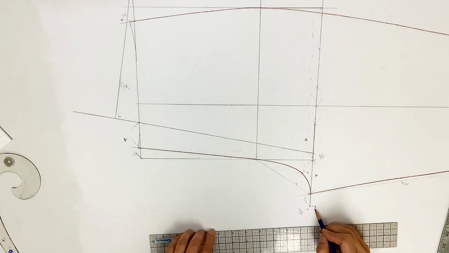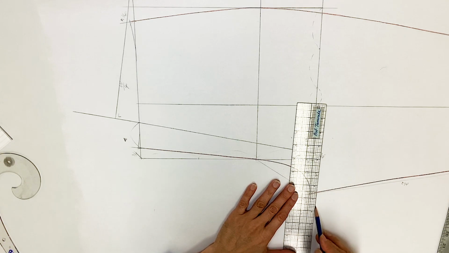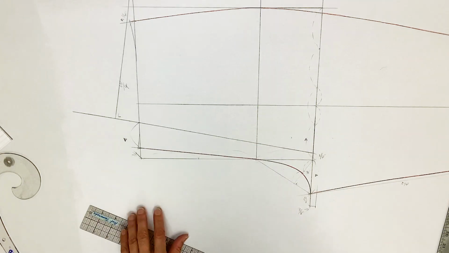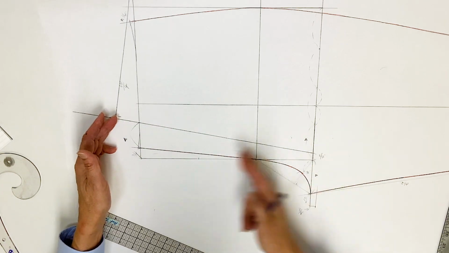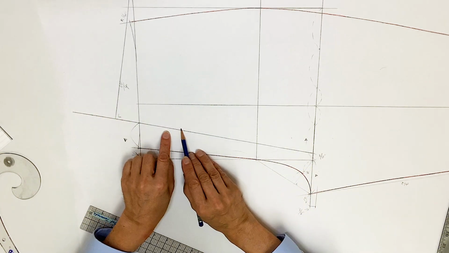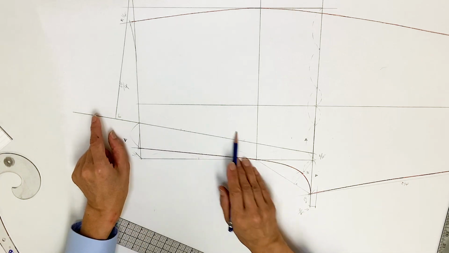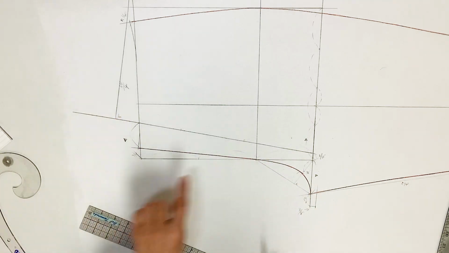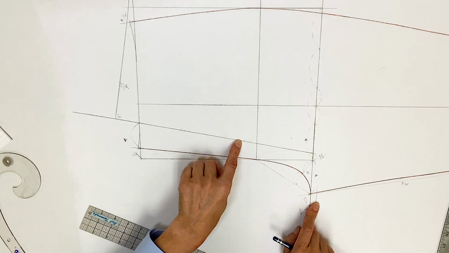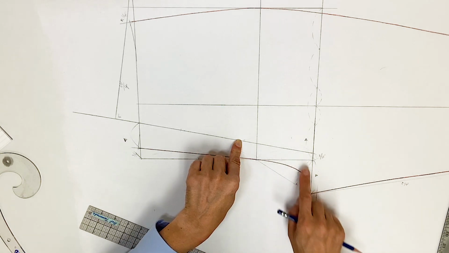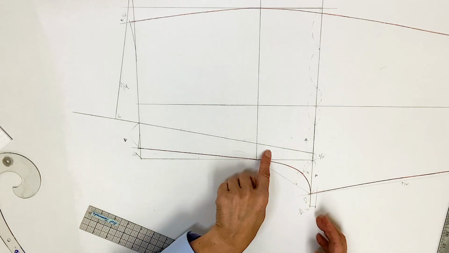Once you mark the point, draw a little straight horizontal guideline like this. Then the entire center back line, you eyeball, divide by 3. From here you draw a nice curved line. Make sure the back crotch curve is lower, deeper than the front crotch curve.